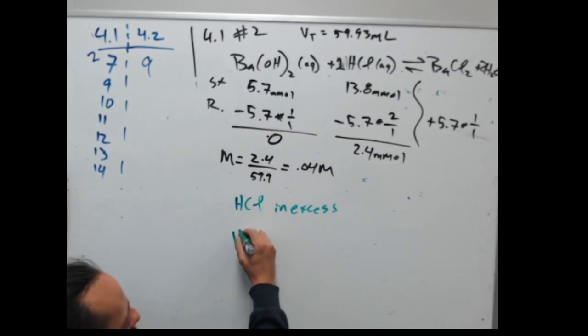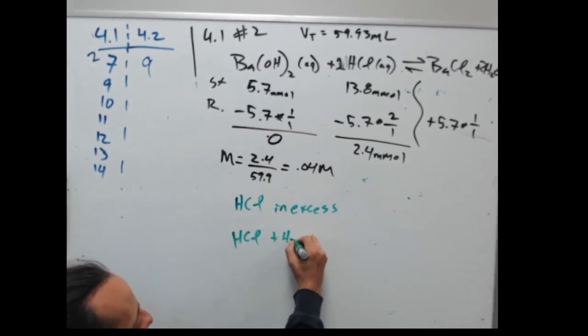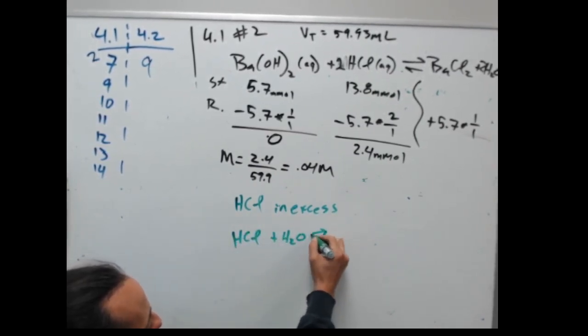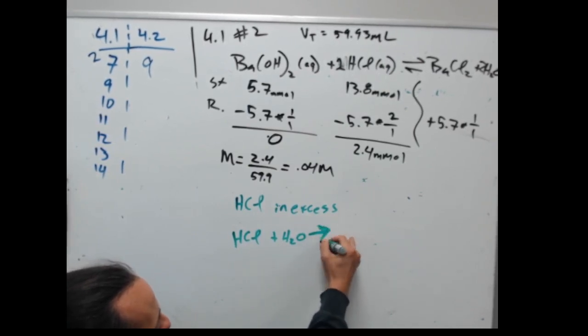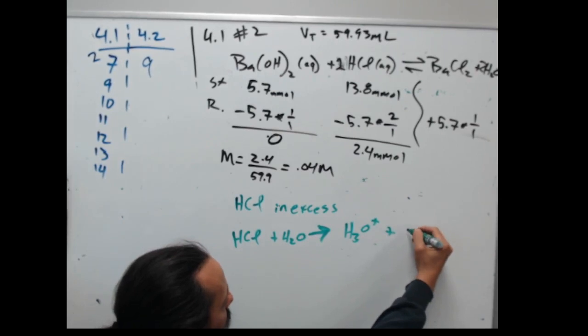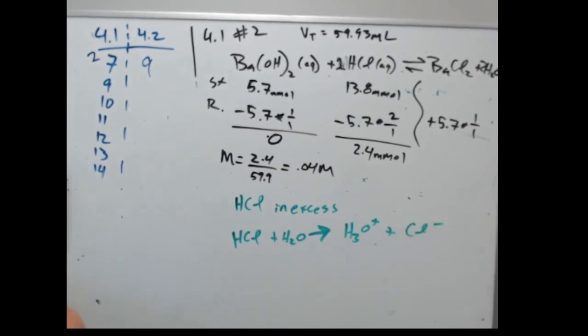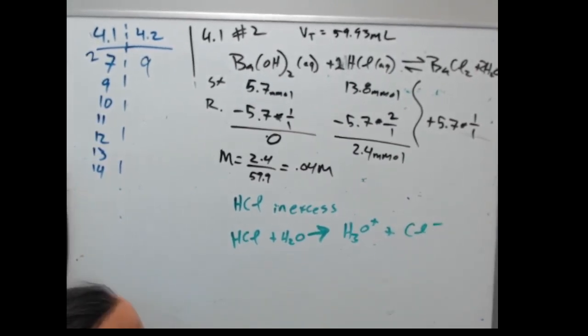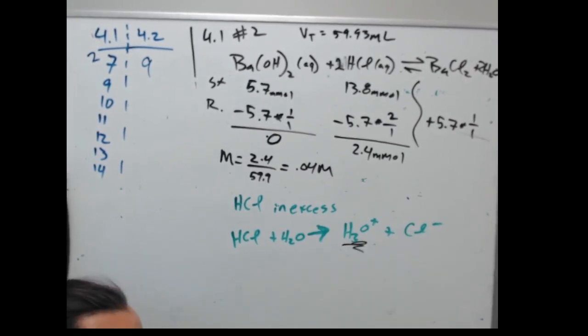But if I put HCl in water, it's a strong acid, so it goes to H3O plus and Cl minus. The thing dominating the pH is that excess H3O plus in solution.